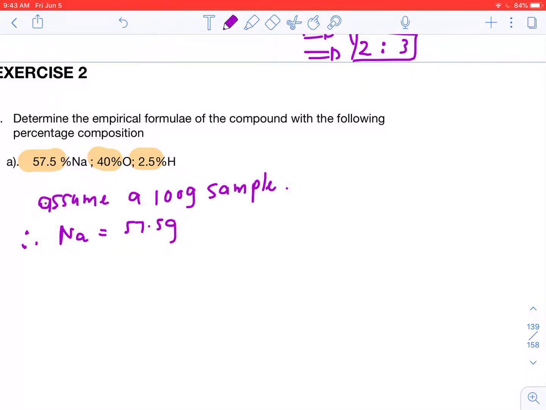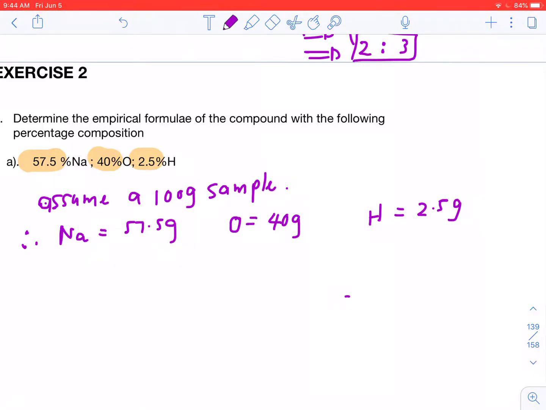And oxygen is equal to 40 grams, and hydrogen is equal to 2.5 grams.